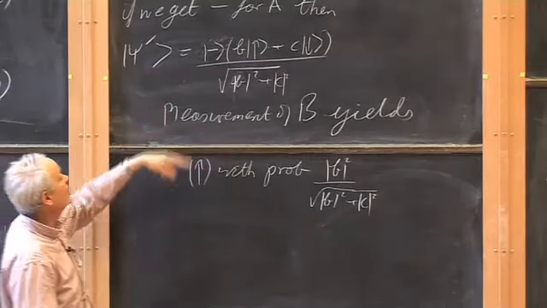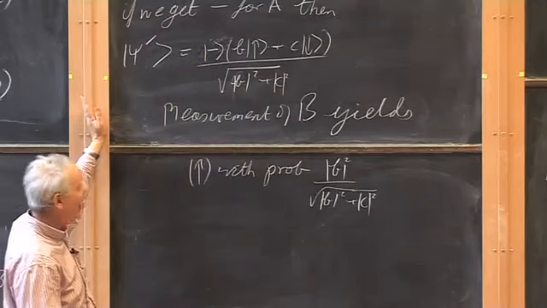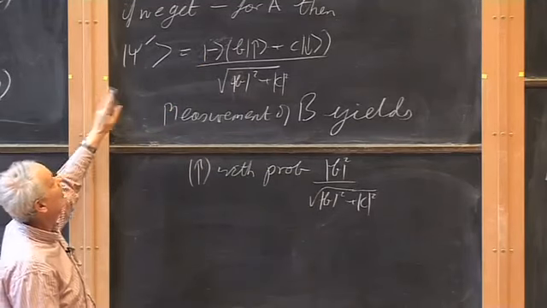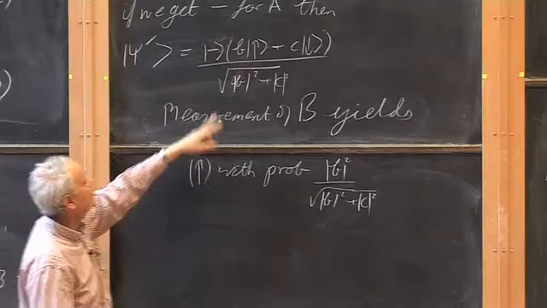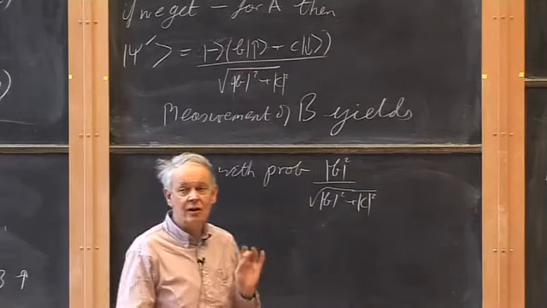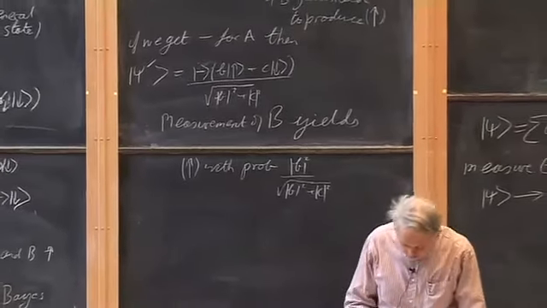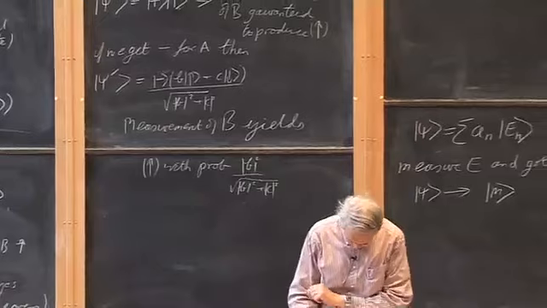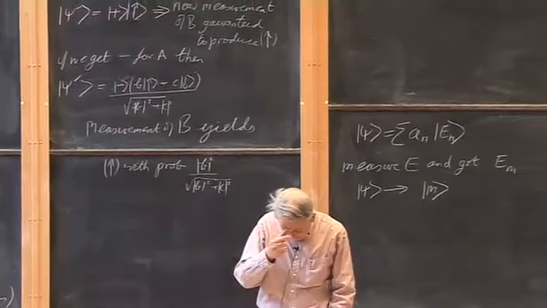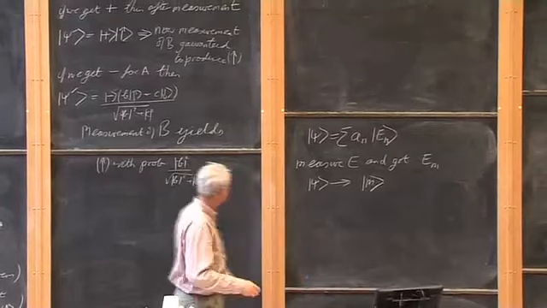Because we are certain to get minus if we measure A again, but if we measure B, we can get 2 outcomes, either up or down, and the probabilities are like that. So that's a conjecture, a theoretical statement about how the interpretation of the theory works, and we just have to accept it and see whether it leads to proper experimental predictions.